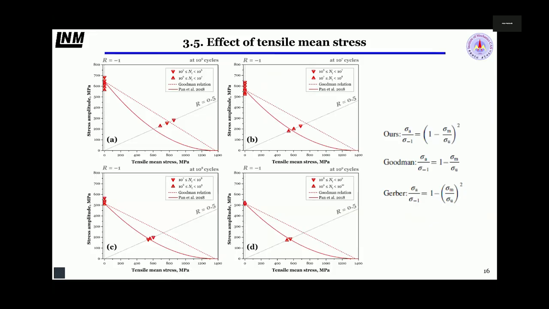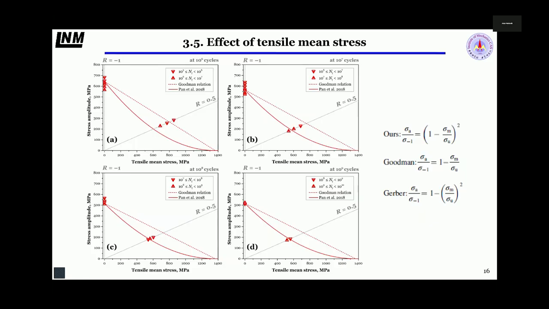And we also discuss the tensile mean stress effect on the Inconel alloy. It is defined at 1 million cycles, and almost obeys the Goodman line. And with the fatigue life increase, the fatigue resistance tends to approach our group's proposed model, just like this.